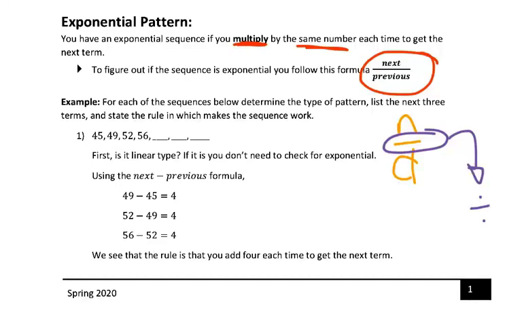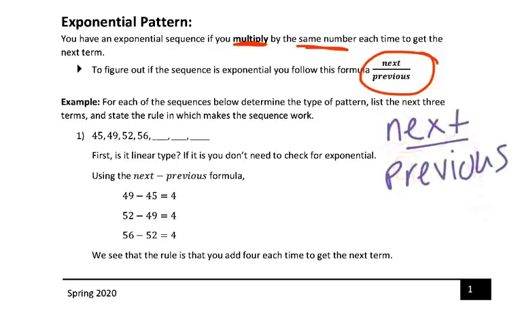I made that comment because you're going to use that fact over and over and over again, okay? So when you see next over previous, that really means next divided by the previous. So let's use these two formulas to look at the next few examples.